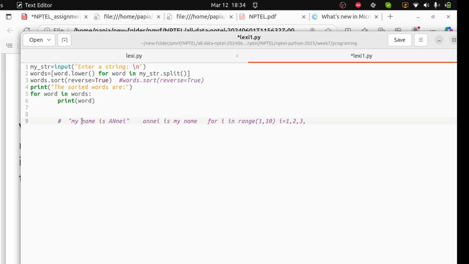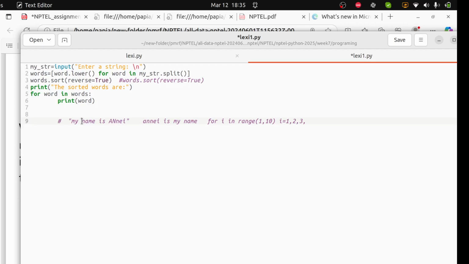Then a space, as space is present here, it will understand that up to that there is one word. Then name, there is no space there, so it will simply make a word. Then there is a space, and after that space there is Annie and is. So for this case our words will be like my, name, is, Annie, this type of thing.